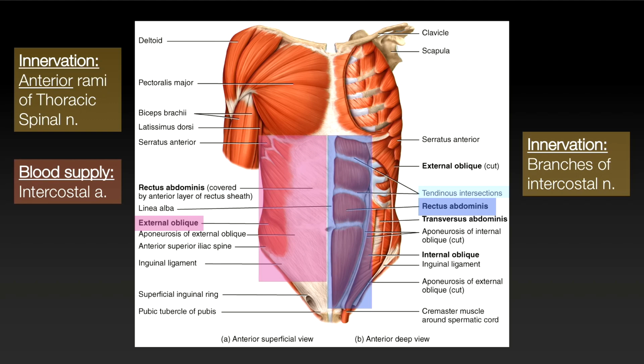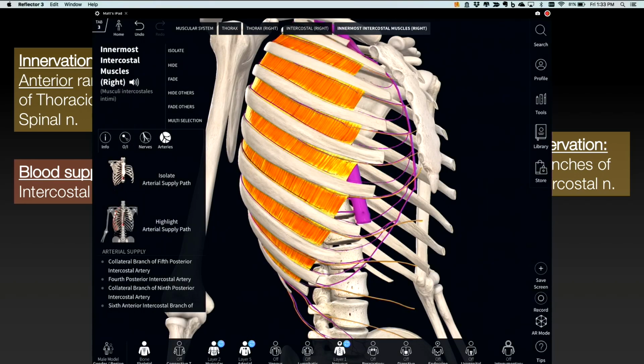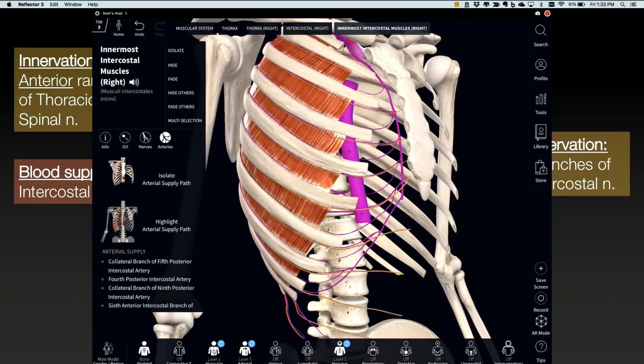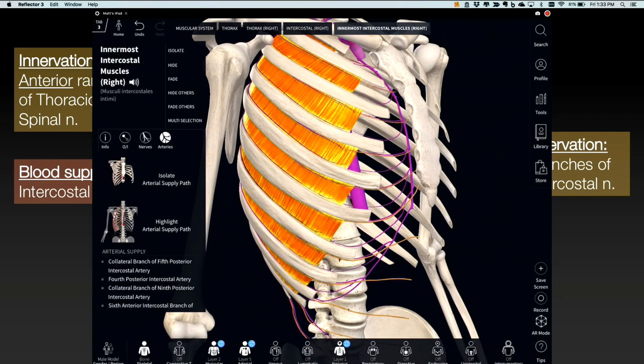You can actually even see them. You see the projections down sort of in the middle, the nerves projecting here? Those are the branches that I'm talking about. Same nerves, but just branches or more distal along the nerve.